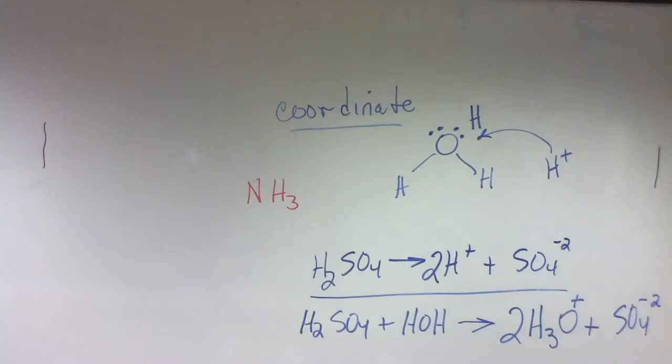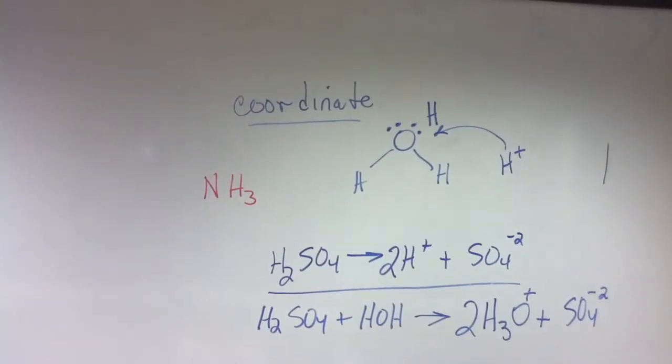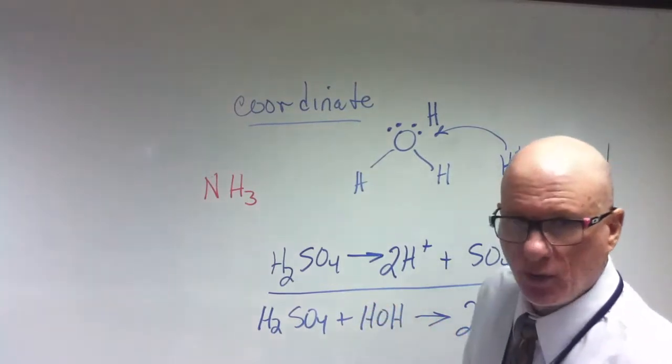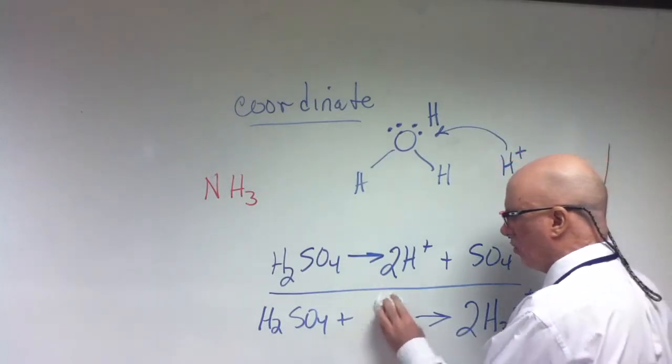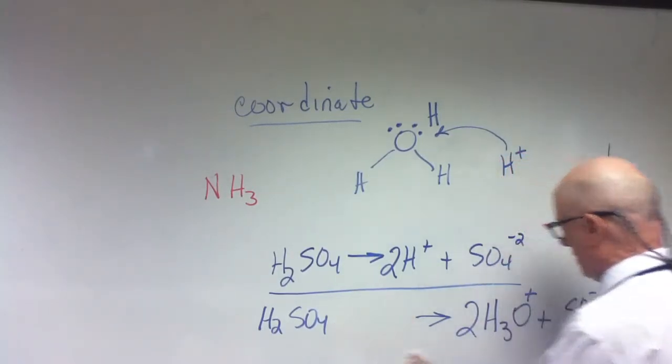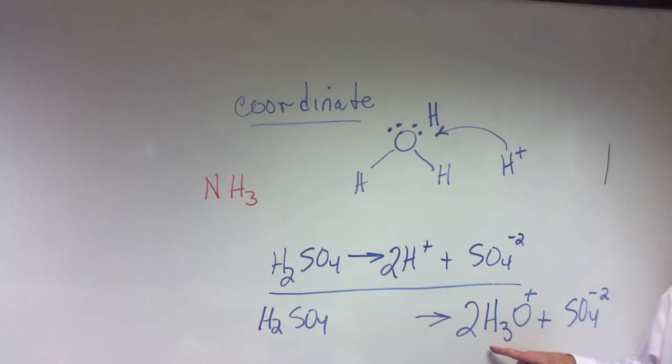But what we say is we don't really worry about the water. More on that later. But we can get rid of the water because there's still some water over here, but this is called the hydronium ion.